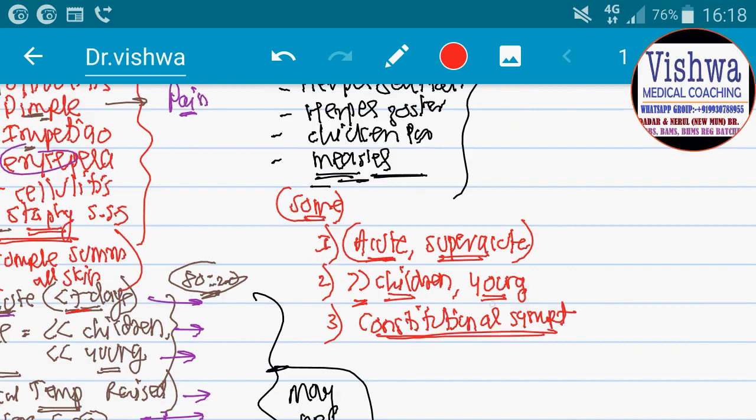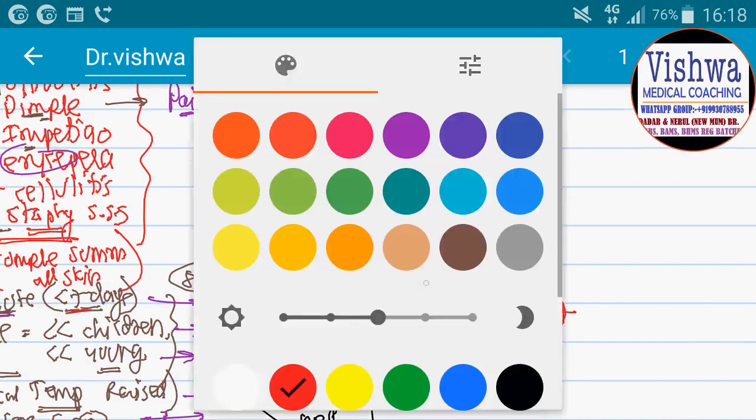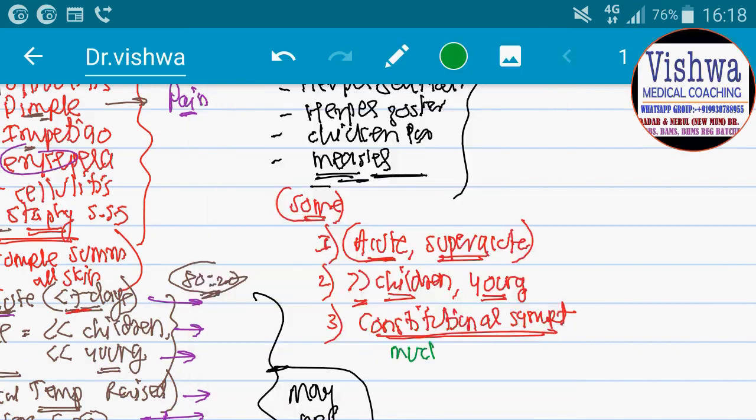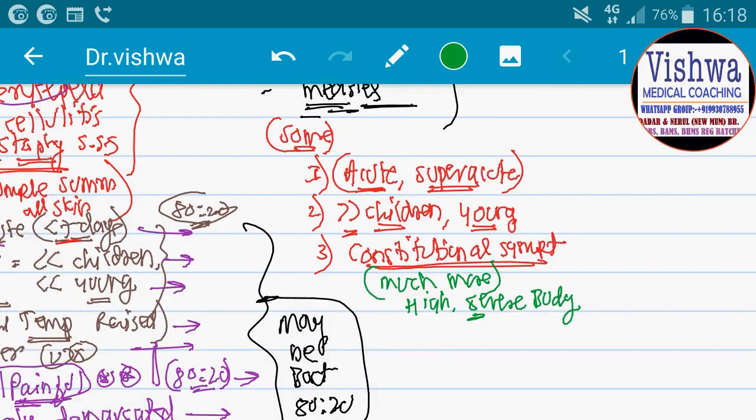That means body ache, fever. It is much more. Even high grade fever. It is severe body ache. So all those things are much more compared to bacterial.